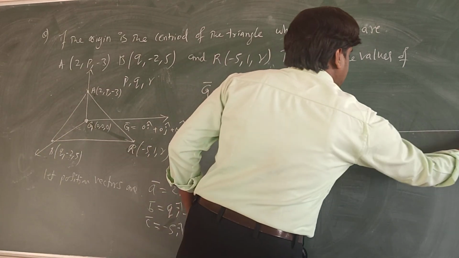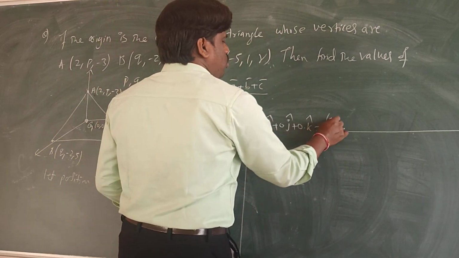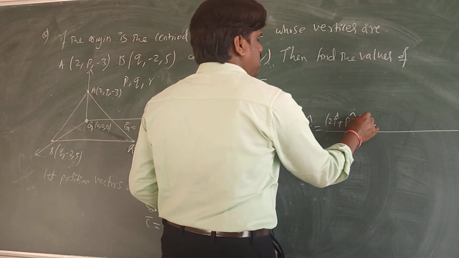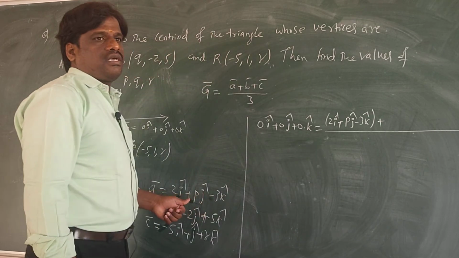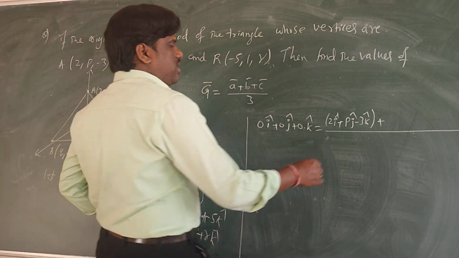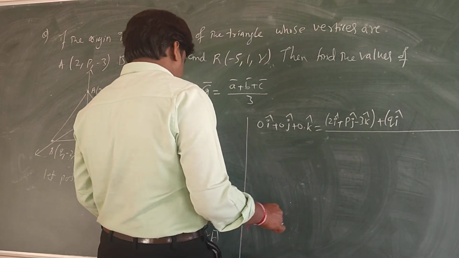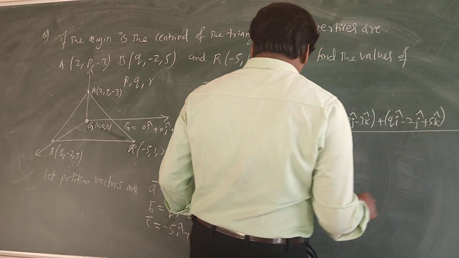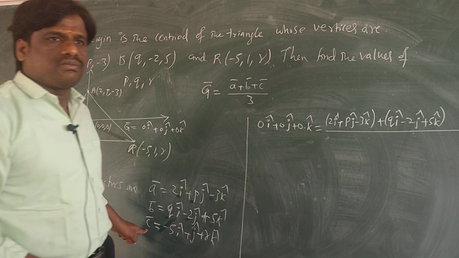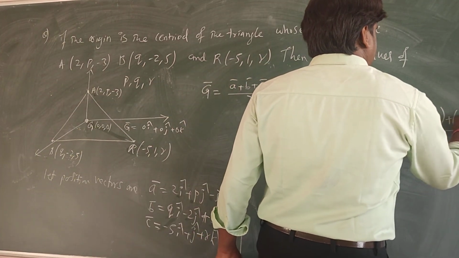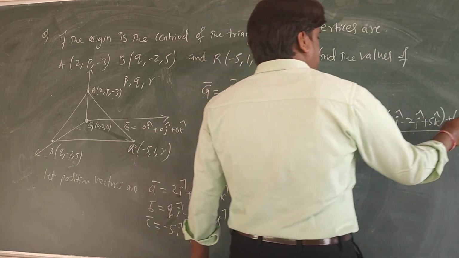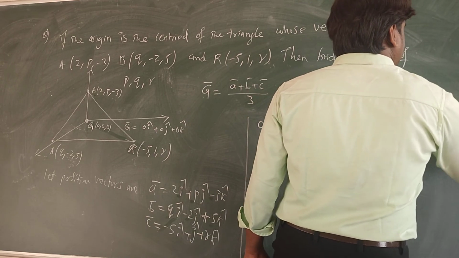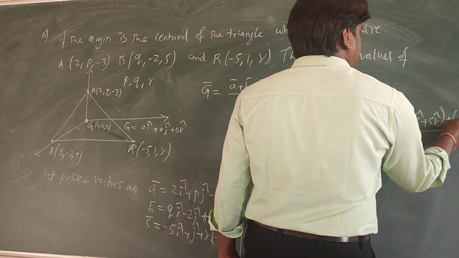A vector is 2i plus pj minus 3k cap, plus B vector is qi cap minus 2j cap plus 5k cap, plus C vector is minus 5i cap plus j cap plus rk cap, divided by 3. So this is what we are using here.